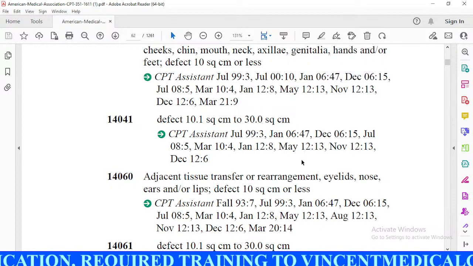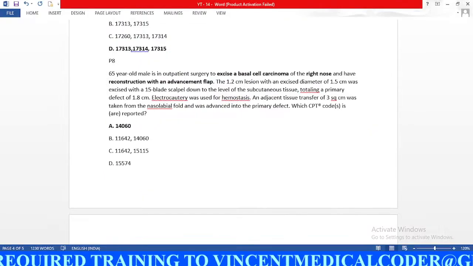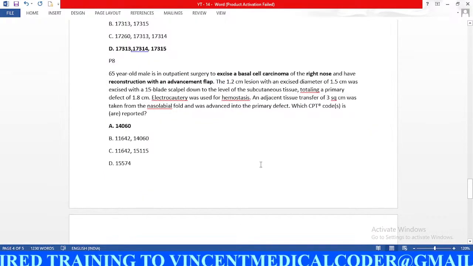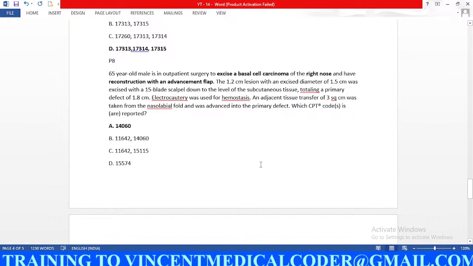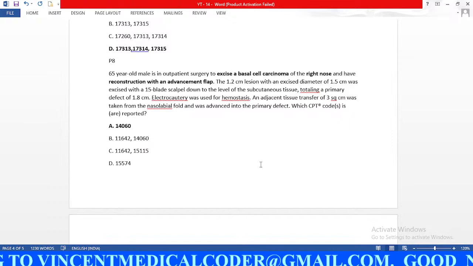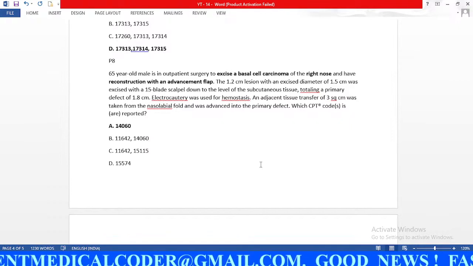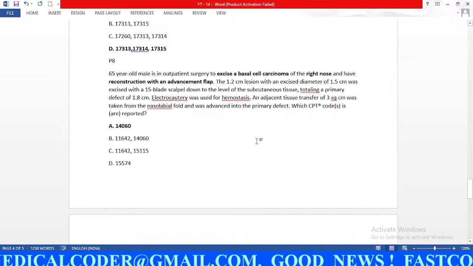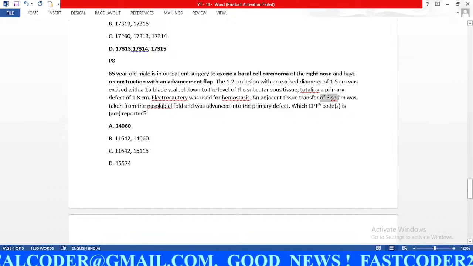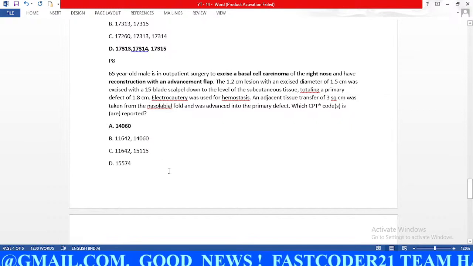You need to remember it is mentioned in 10 square centimeters. Sometimes you need to convert centimeters to square centimeters. See here, the physician has performed 3 square centimeters only. So because of that, our answer is 14060.